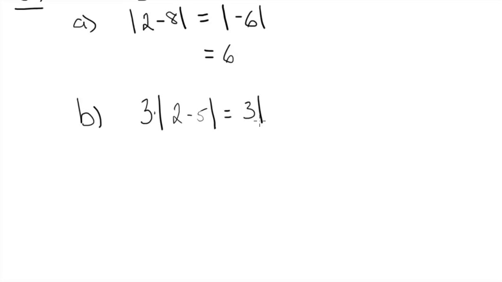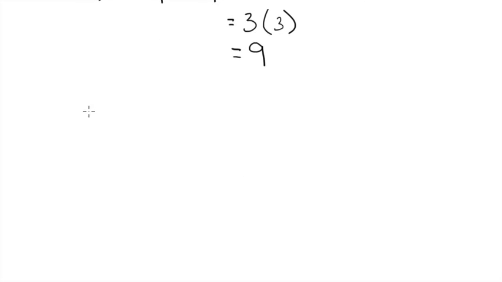So 2 minus 5 is negative 3. Now we evaluate that absolute value. The absolute value of negative 3 is 3. So you could write times 3, or you could just put the 3 in a bracket. And 3 times 3 is 9. Okay, so not too difficult.